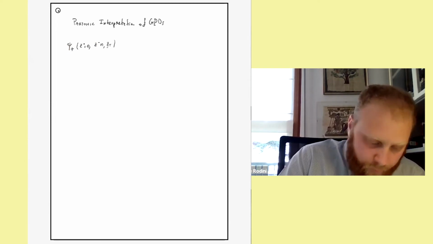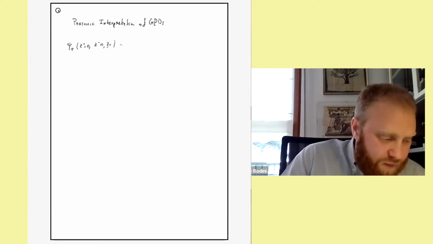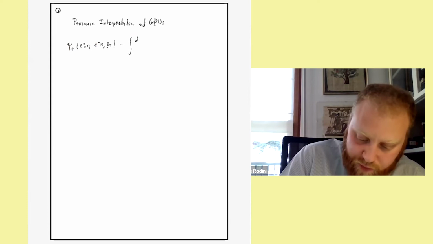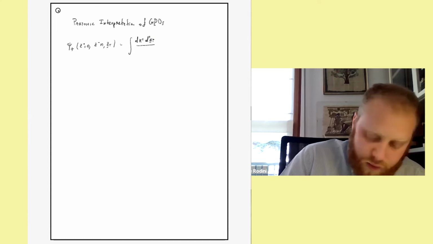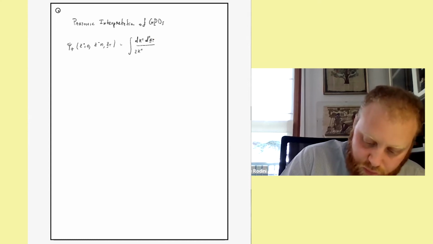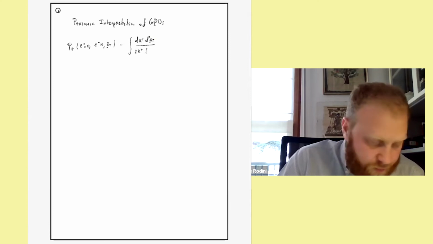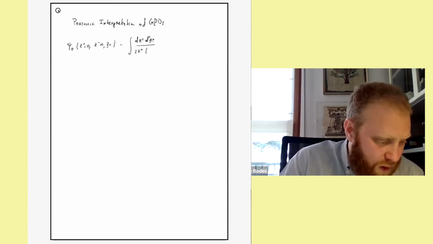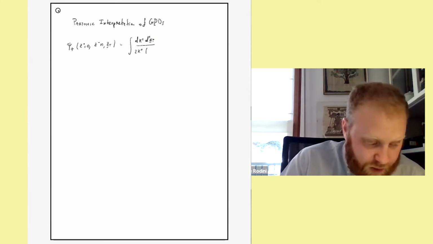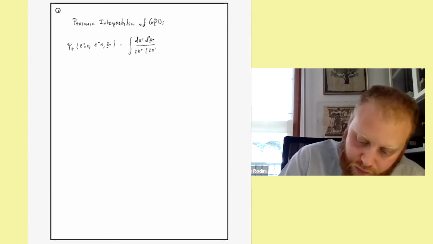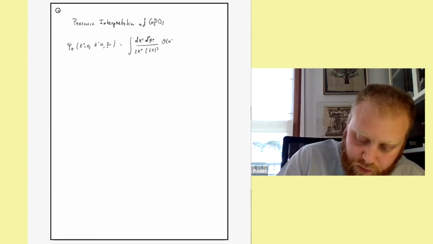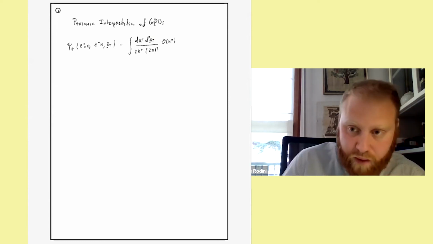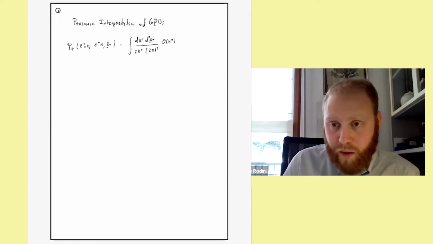And this is the Lorentz invariant measure that written explicitly is dk plus d2kt, which is two-dimensional, over 2k plus, which is the part that comes from the on-shellness condition, 2 pi cubed, then theta of k plus. So these are the standard ingredients of the light-cone Lorentz invariant measure.